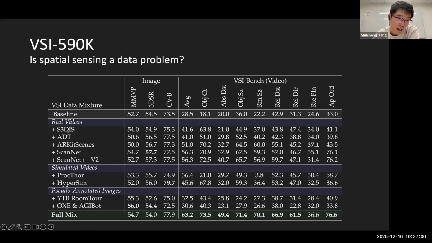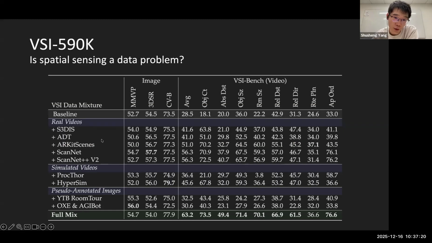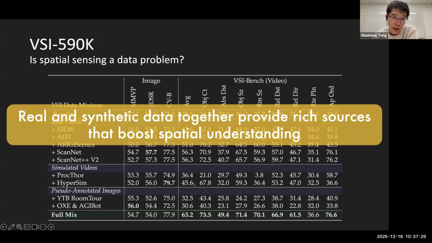And we can see almost all of these different video sources contribute to the VSI-Bench performance. And also we can see the real world videos contribute the most, and the simulated video contributes the least. But fortunately, all of this data can provide rich annotations for spatial understanding.